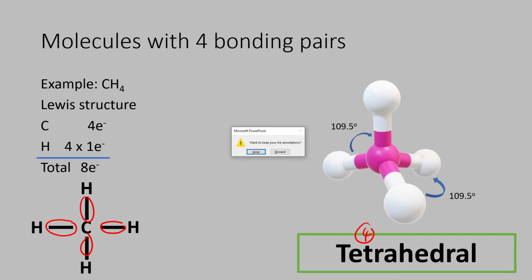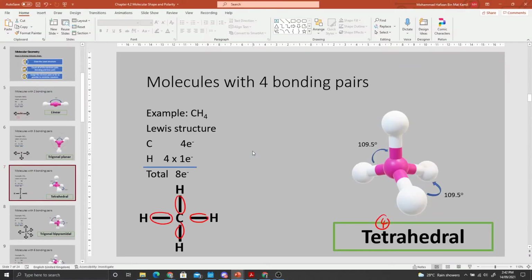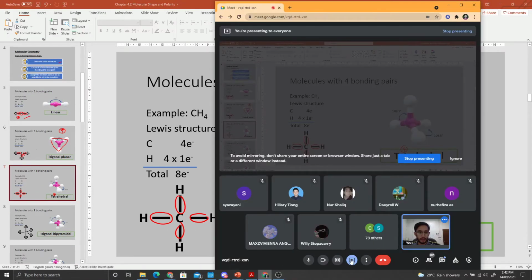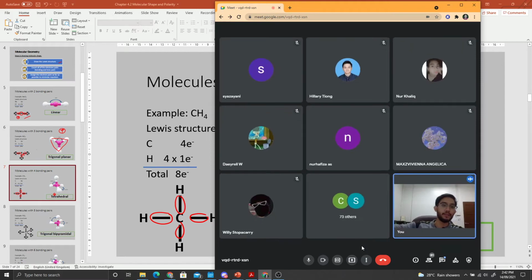So kalau kita tengok, it's like this, my camera. Okay, look at my camera. So this is the shape. Okay, kalau you guys tengok, you nampak macam trigonal planar. Okay, yeah, yes. Tapi you are looking in 2D. Okay, you have to think in 3D, because now it's no longer in trigonal planar.